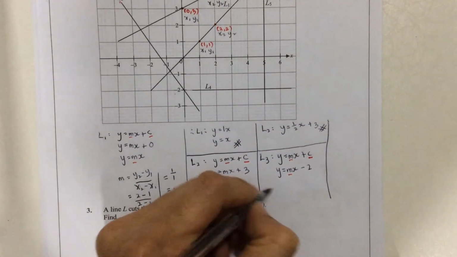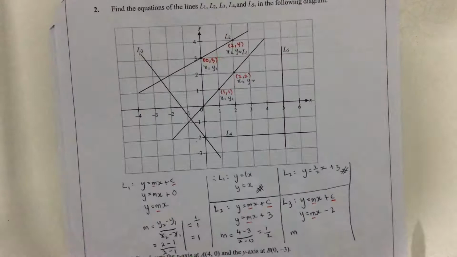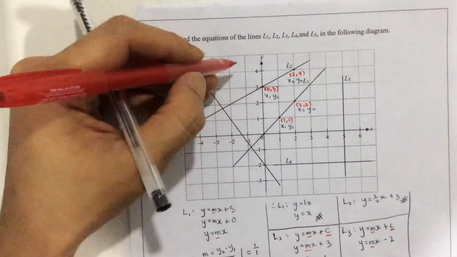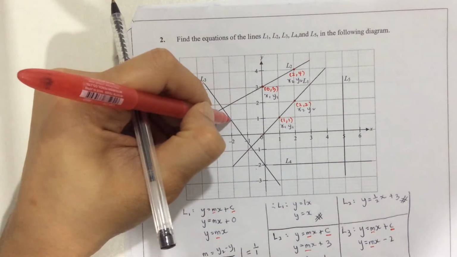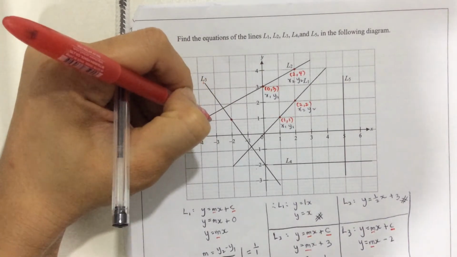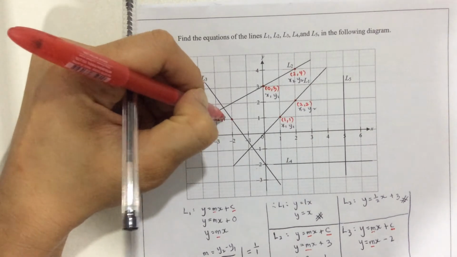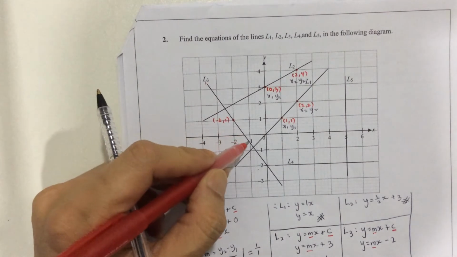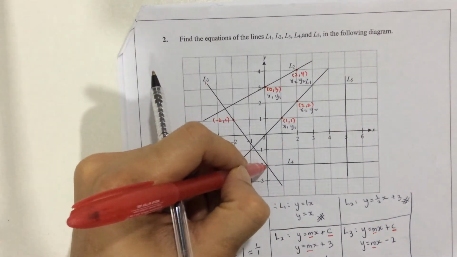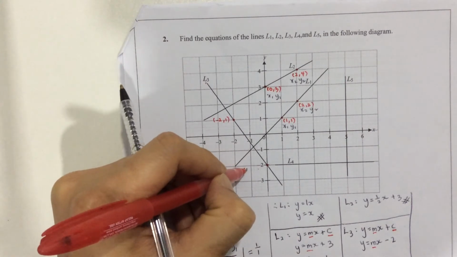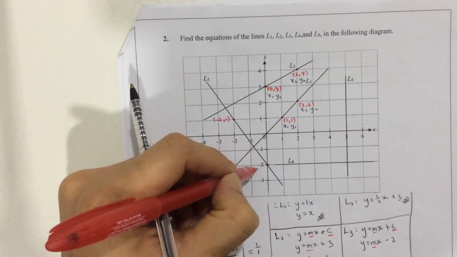So I will use the formula for gradient m, and I'm going to choose two points from here. One of the points that I can use is here. This is (-2, 1), and another point on this line L3, a good point will be here, and this point here is (0, -2).